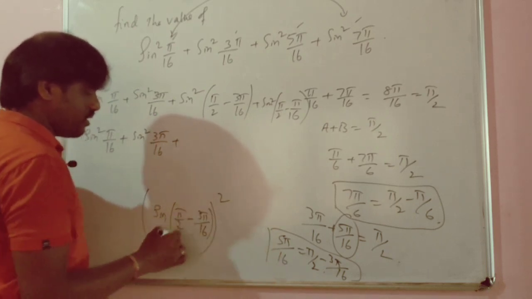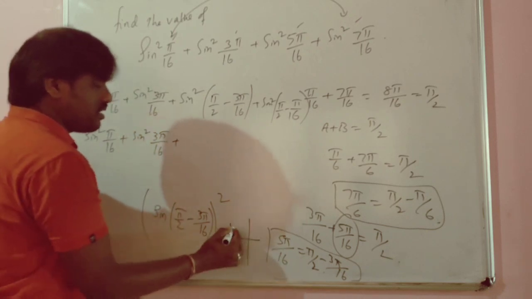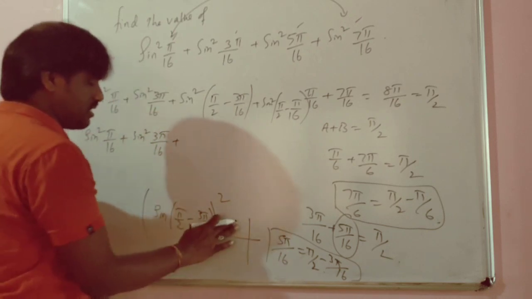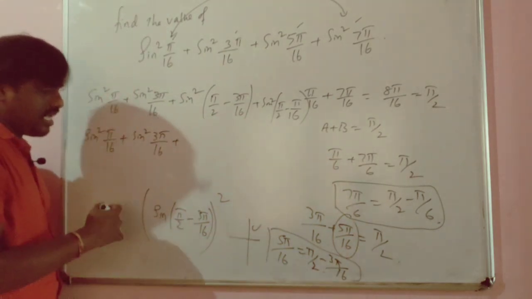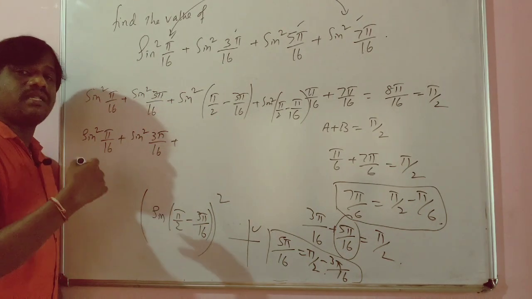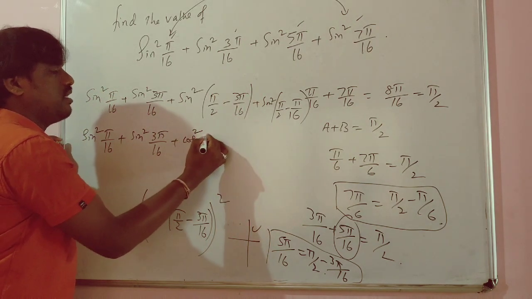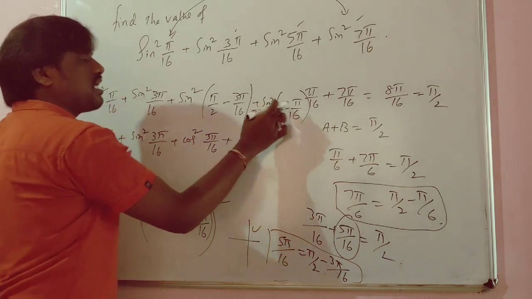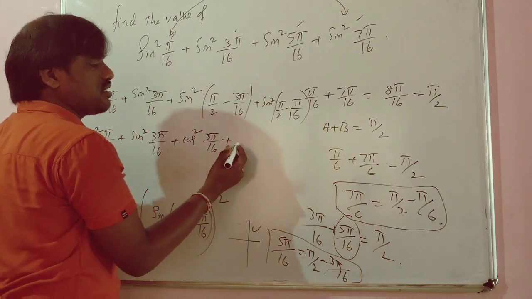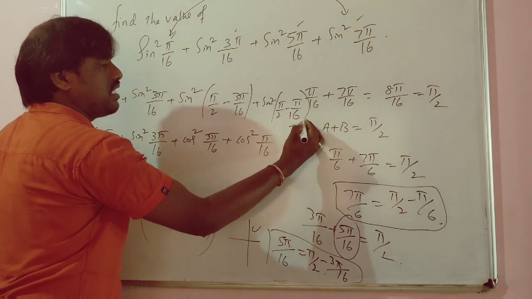Sine 90 minus theta is in which quadrant? The first quadrant, where all are positive, so sine 90 minus theta will be cos theta. So I will get cos square 3 pi by 16, and likewise cos square pi by 16.